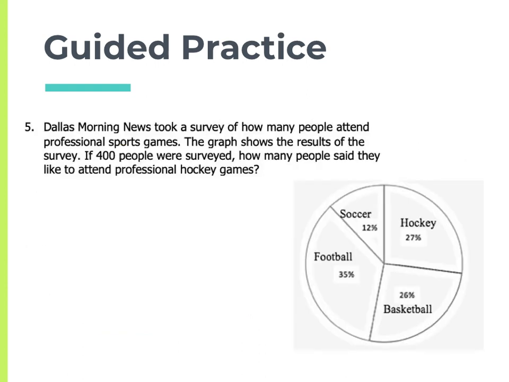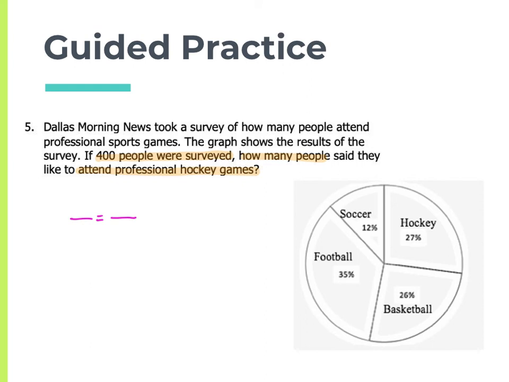Question number 5, it says Dallas Morning News took a survey of how many people attend professional sports games. The graph shows the results of the survey. If 400 people were surveyed, how many people said they like to attend professional hockey games? So I'm going to set up a percent proportion.